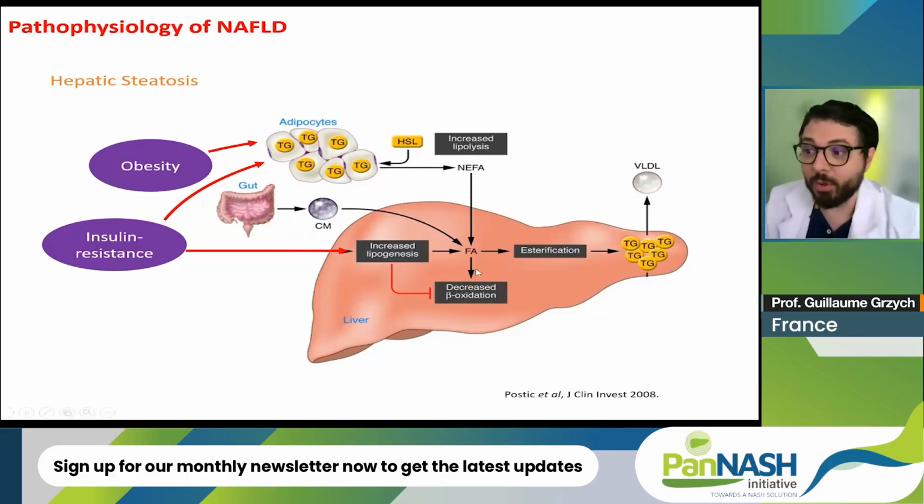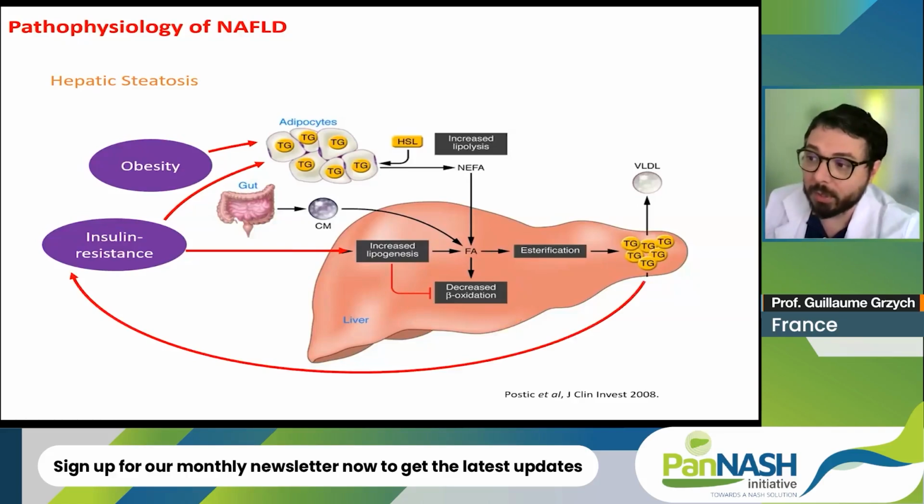And you also have a decrease of beta oxidation. Beta oxidation normally uses fatty acids to make energy. Here, with insulin resistance, you have a decrease in the use of fatty acids in the liver. So all the fatty acids are converted to triglycerides, and you have a lot of accumulation of triglycerides in the liver.